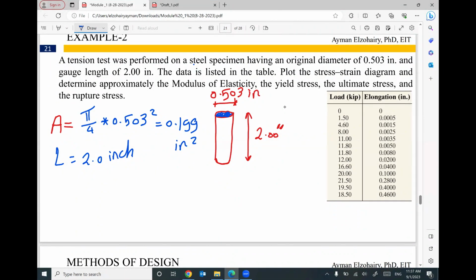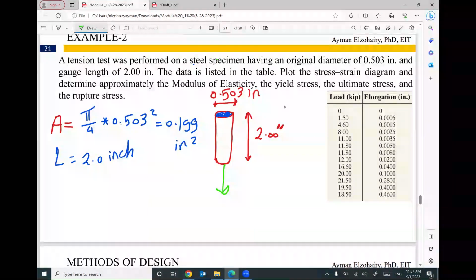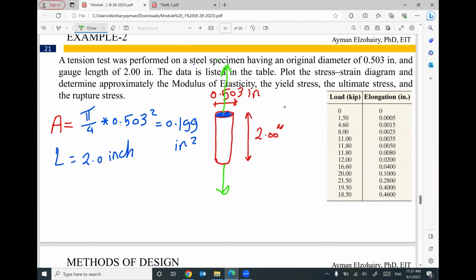And this rebar was placed under tension. We are conducting a tension test.